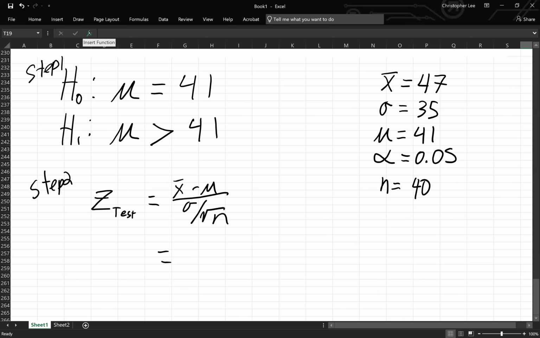I got a question. Parentheses. Open, close parentheses, and then divide, and then open parentheses, and then do the standard deviation.